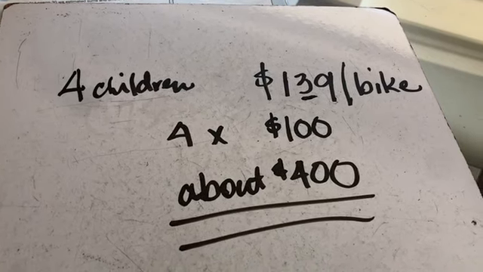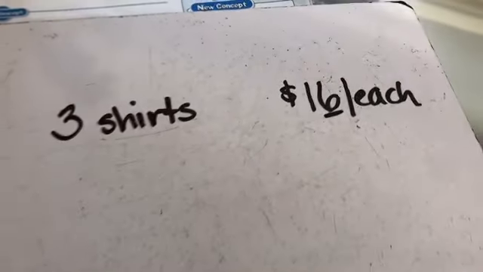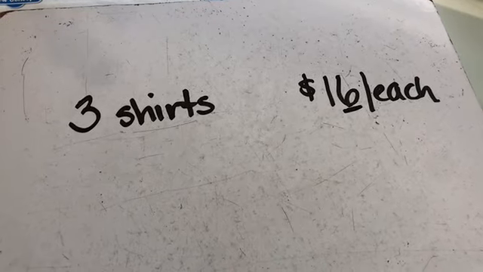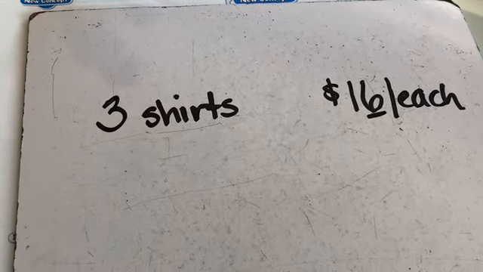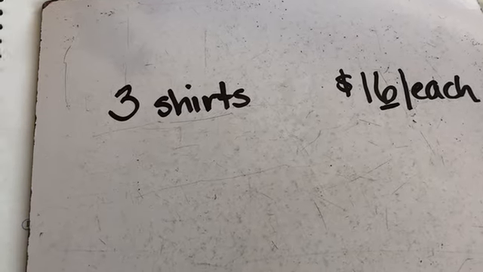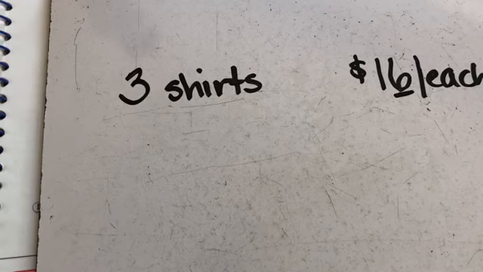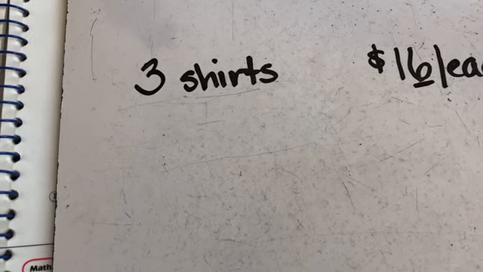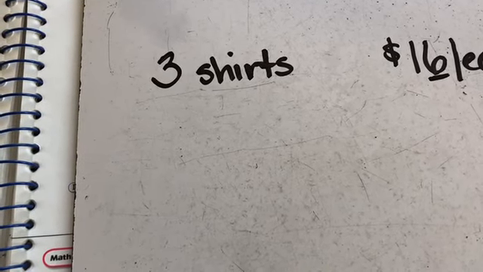Let's do a 2-digit number real quick before I let you guys go. Here's our next example. Let's just say that you found some shirts that you really liked and you wanted them in 3 different colors. So you asked your mom, Mom, I really like these. Can I go ahead and buy 3 of them in 3 different colors? And she says, well, how much am I going to spend on these?